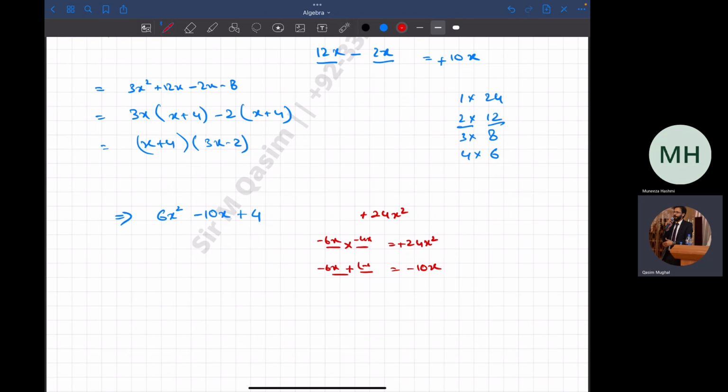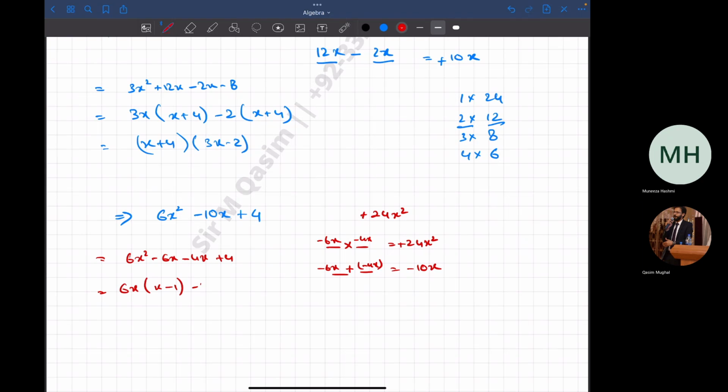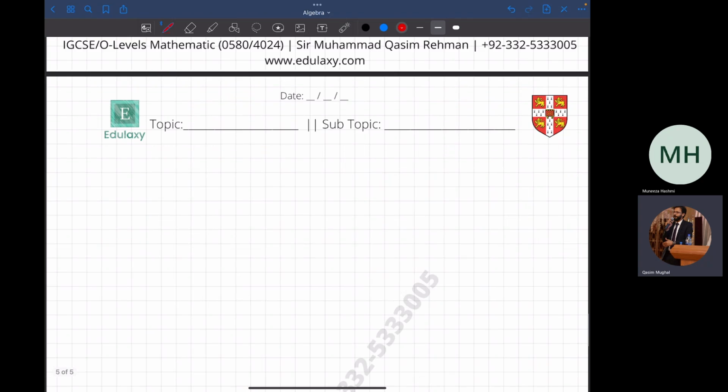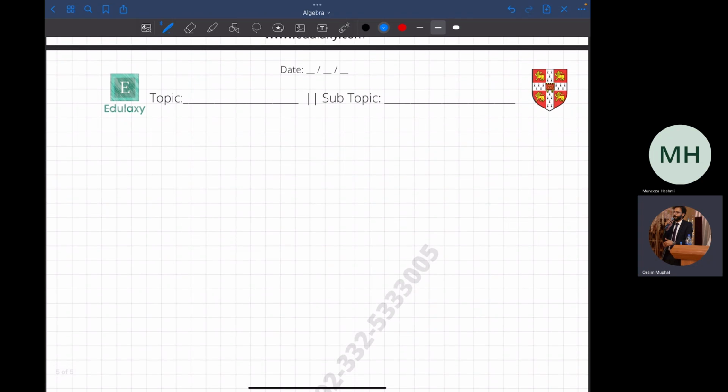All right, so 6x squared minus 6x minus 4x plus 4. So 6x is common and x minus 1. Minus 4 is common and then x minus 1. x minus 1 is common and then 6x minus 4. Got it? Yes, sir. Okay, now one more question.